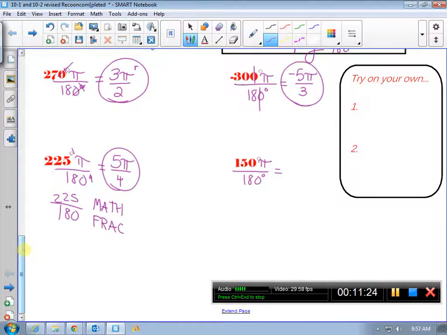And 150 pi divided by 180. 3 goes into both of those. 5 pi over 6. So that's lots of practice. On your own, I'd like to have you convert negative 240 degrees and 100 degrees to simplest terms in terms of pi. Leave pi in the answer there.